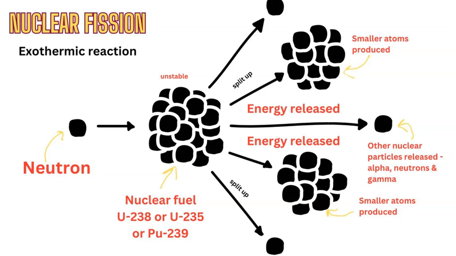The fuel used, an unstable isotope, is normally uranium-238 or 235. Uranium-235 is the more common fuel, or you can also use plutonium-239, which is more involved in the nuclear weapons side. But in a power plant, it's mostly uranium-235 or occasionally uranium-238.